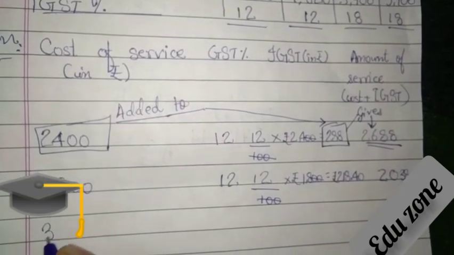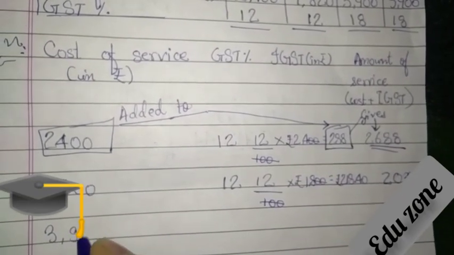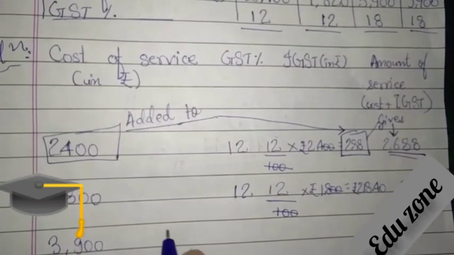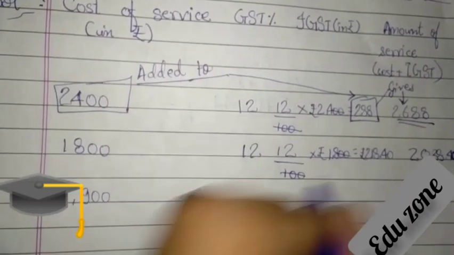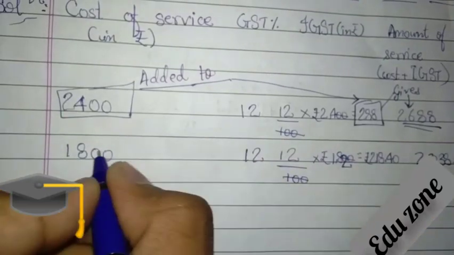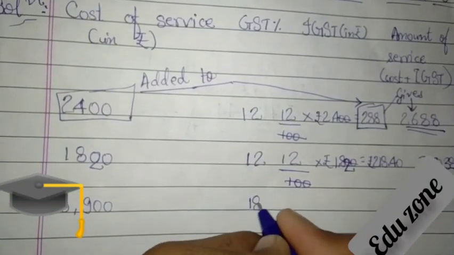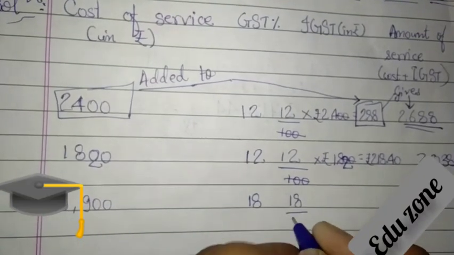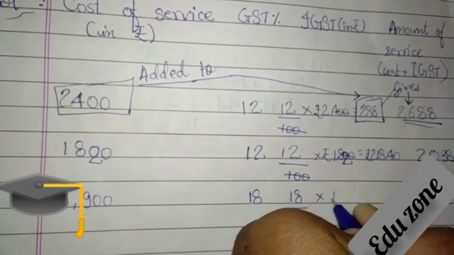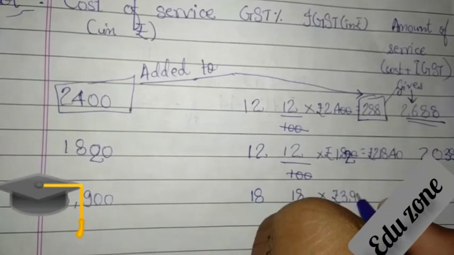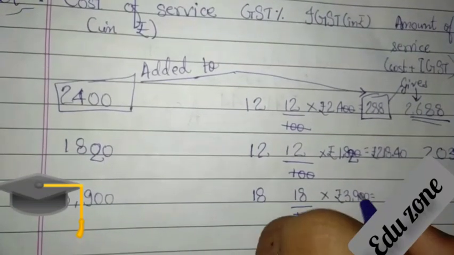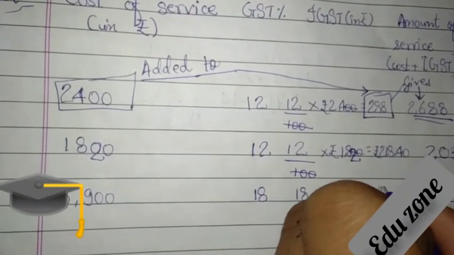That's rupees 2400, which is the cost of the service, and the GST. So cost of service plus IGST is equal to rupees 2400 plus rupees 288, and on adding these we shall get rupees 2688.